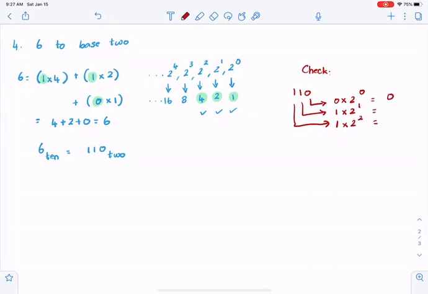So 0. 2 times 1 is 2. 4 times 1 is 4, sorry, bad math. And if we add those, I get 6. So the base 2 number 110 results in base 10 number 6.